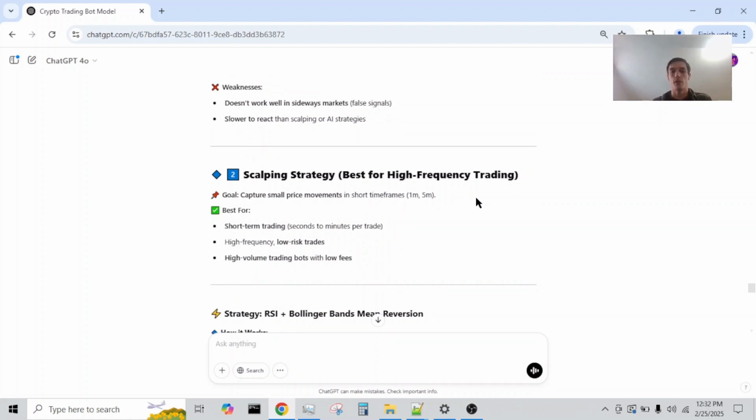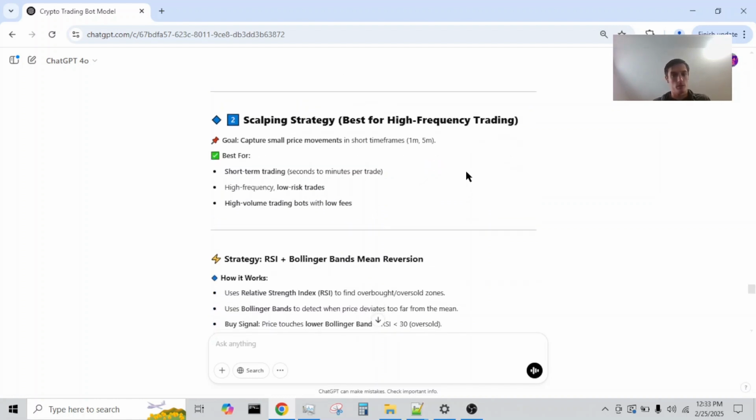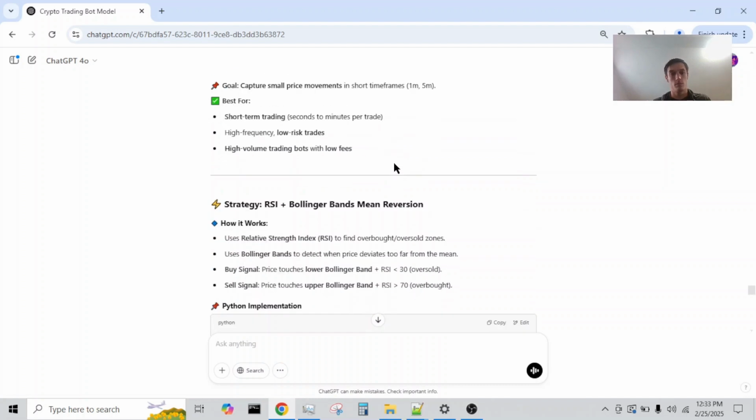Next is our scalping strategy. Best for high frequency trading, 1 minute or a 5 minute. I like the Bollinger Bands.